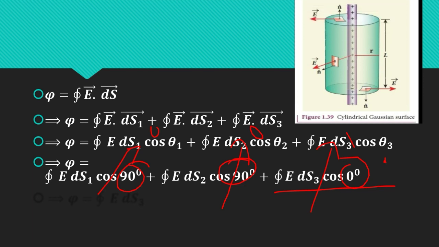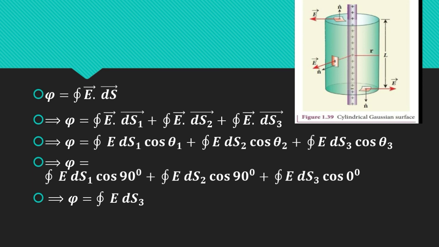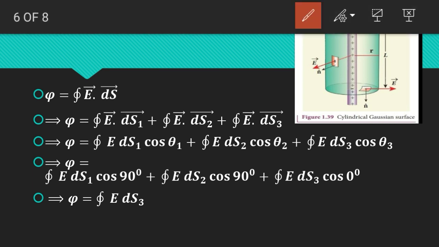So we are left with the integration of only the third term, that is phi is equal to the integral of E dot ds3, right? So now the integration will be E into ds3 over the surface. But now look at the surface: at a particular separation distance r, whether we calculate here or here, it is at the same distance. All the points on the surface are equidistant from the charge at distance r.